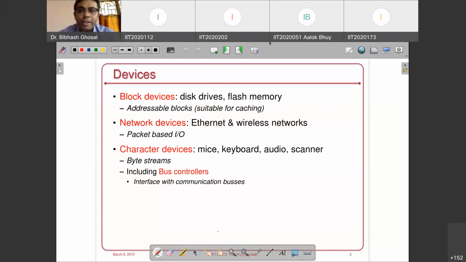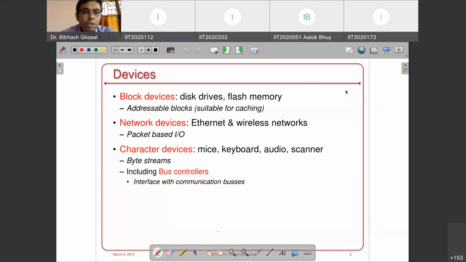You divide the data into small chunks and you send them one by one. Or you may have a small level of data transfer, of the order of, let's say, 1 byte, which we call character level devices. The commonly used input output interfaces that we connect, whether it is a mouse or a keyboard or an audio scanner or whatever, these are all character level devices. So here itself, you see there are three kinds of devices.